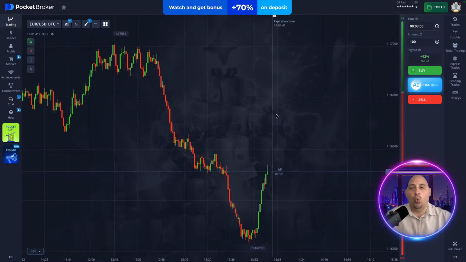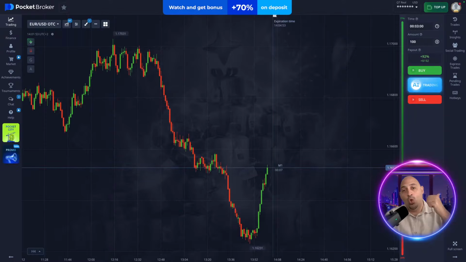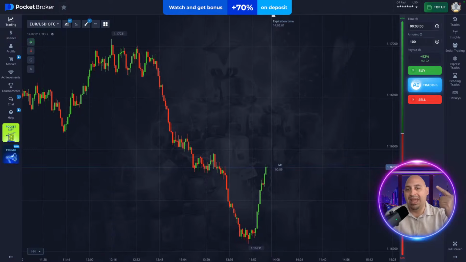For those of you who don't know, what is the alligator? This is the Bill Williams alligator indicator, which is a trend following tool that uses 3 moving averages to show when the market is sleeping, which means no trend; when it's waking up, that is when the setup starts to form; and 3, when it's trending, and that is the trade time.